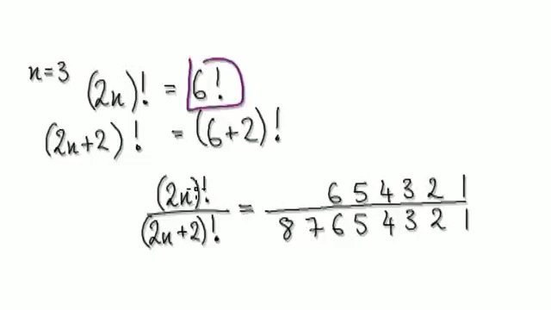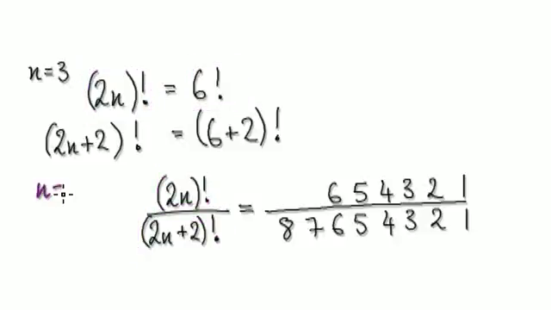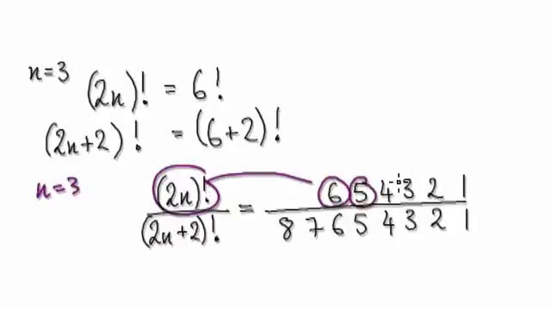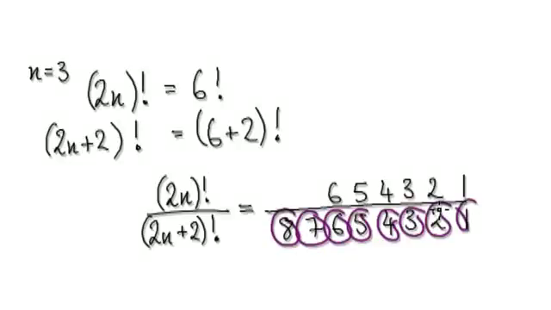So what that means is this thing divided by this thing. In our case of n being 3, this would be 6 times 5 times 4 times 3 times 2 times 1, and then this thing here would be 6 plus an extra 2, so it would be 8 times 7, 6, 5, 4, 3, 2, 1.